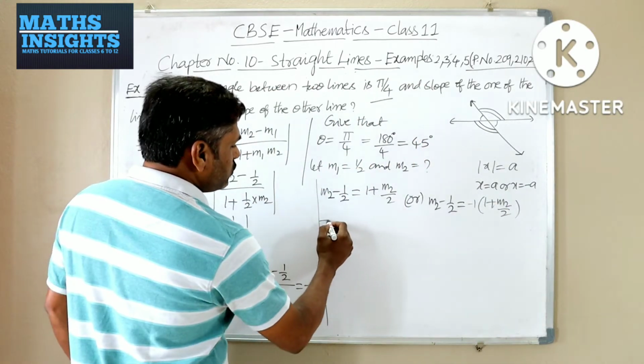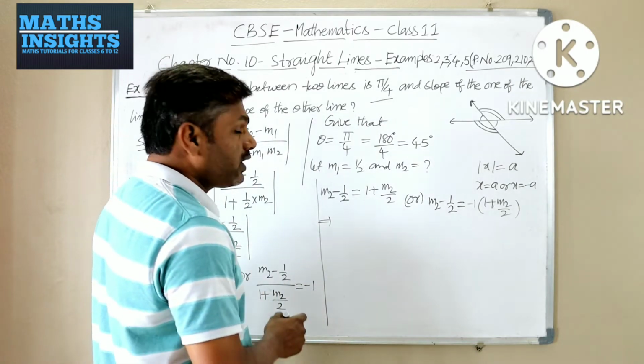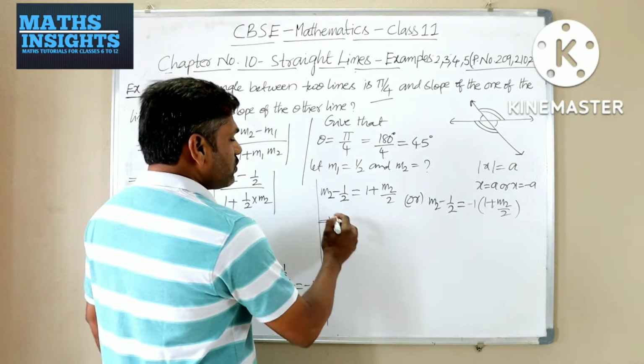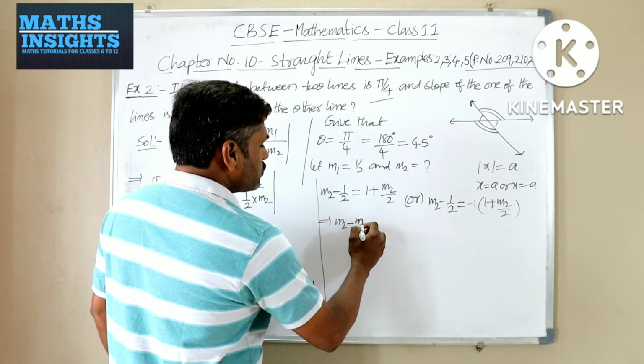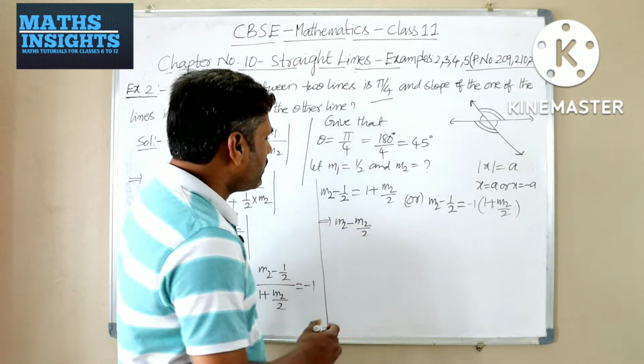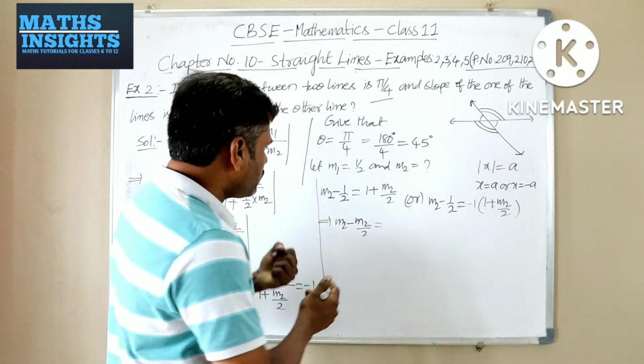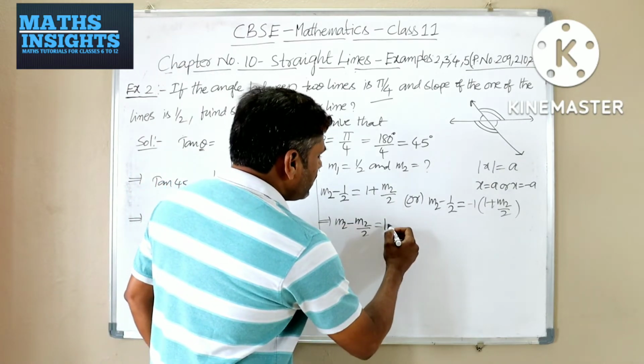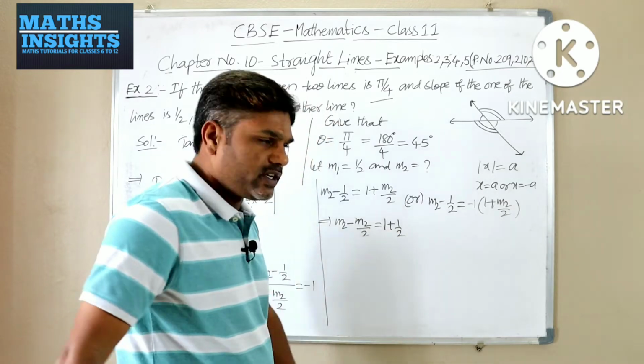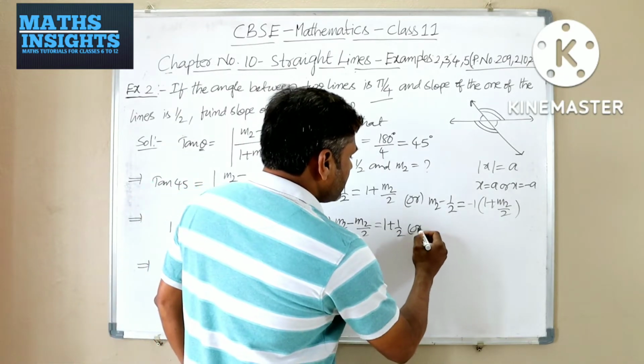So, if you do simplification, you will get the value of m2, my dear students. I am taking the m2 terms on one side and numbers on the other side. So, plus m2 by 2 will become minus m2 by 2, and this is 1, and minus 1 by 2 will become plus 1 by 2.